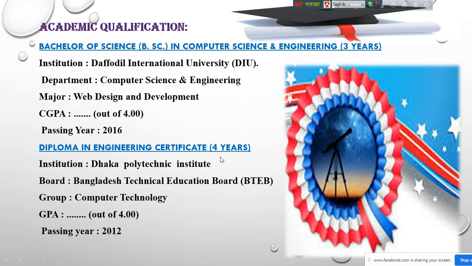It is also a 4-year course, and then in institutions, here it is mentioned Dhaka Polytechnic Institute. You are not supposed to write Dhaka Polytechnic Institute. You of course write your own institute name, okay? And then certification is offered by the board, that is Bangladesh Technical Education Board, BTEB, Group Computer Technology, or you can mention here technology, computer technology, and CGPA. You have to write it.